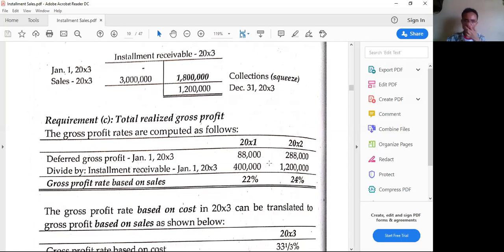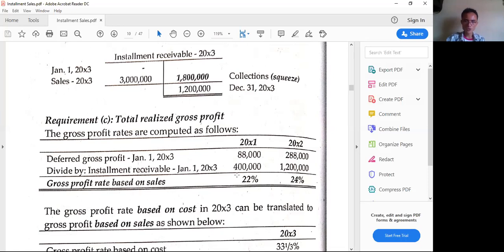If we are talking about previous year's sales or receivables, if there's only 1 year, we can compute the gross profit rate simply by dividing the deferred gross profit by the installment receivable that is available. So this is applicable again for previous year's sales. But for the current year sale or installment sale, we go back to our basic concept or computation, that is gross profit divided by the installment sale is going to be the gross profit rate based on sales.